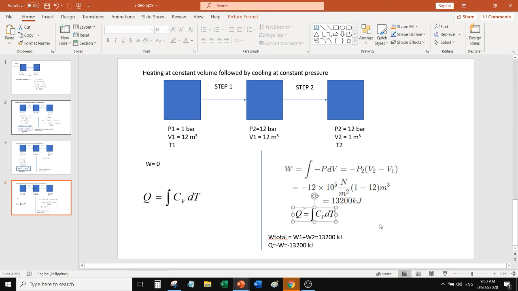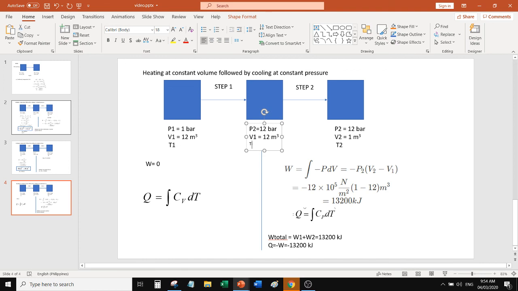But the problem is, dT here would not be T2, because if that's the case, dT would just be 0. So there must be an intermediate temperature here, which you need to solve.